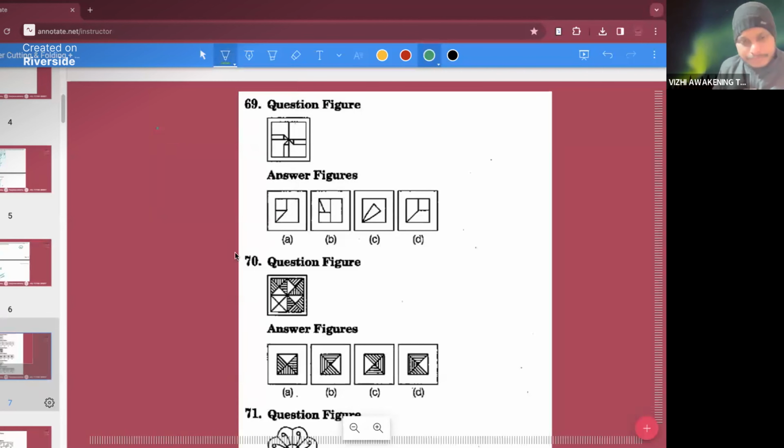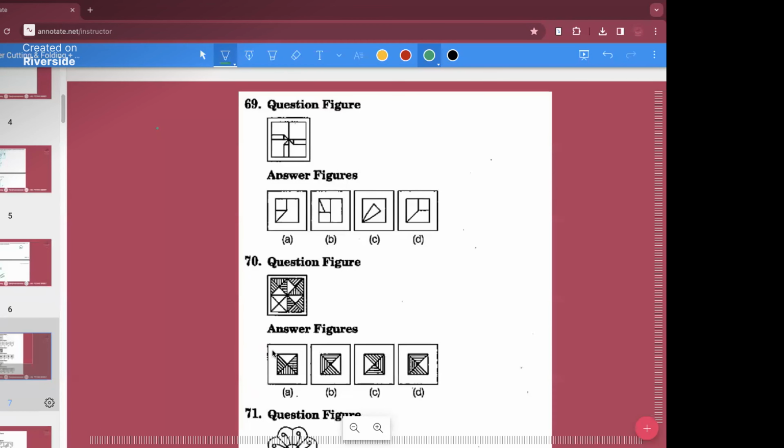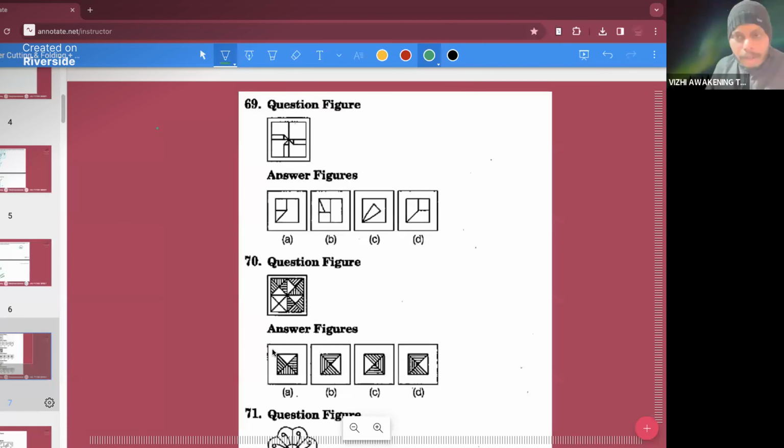Whichever is this one. Option B. B, D. B for ball, B for beta, D for delta. Look at this, the internal one. Over here, these two are opposite. So what we'll do, we'll have something like this over here. Straight lines. In this one, we'll have the straight lines.